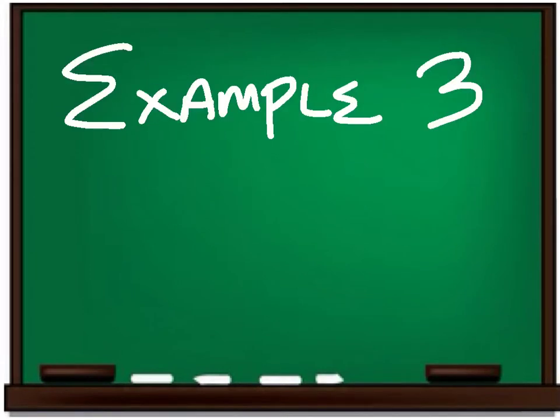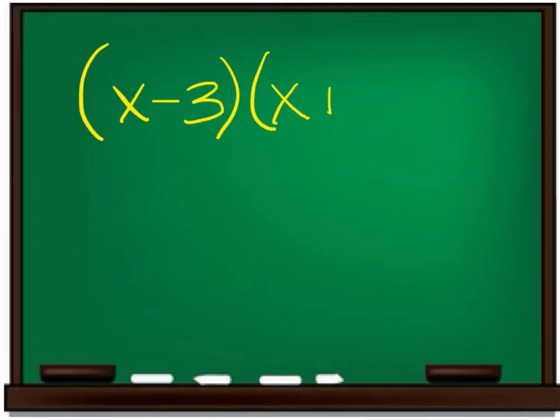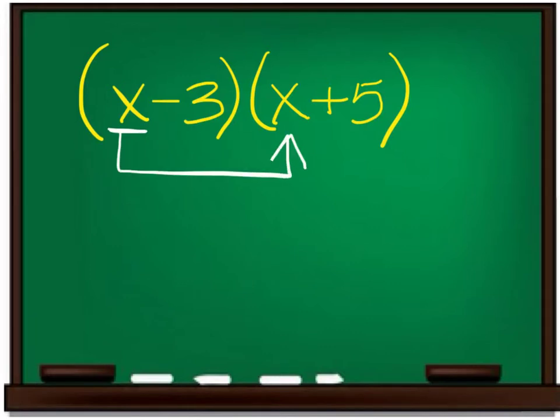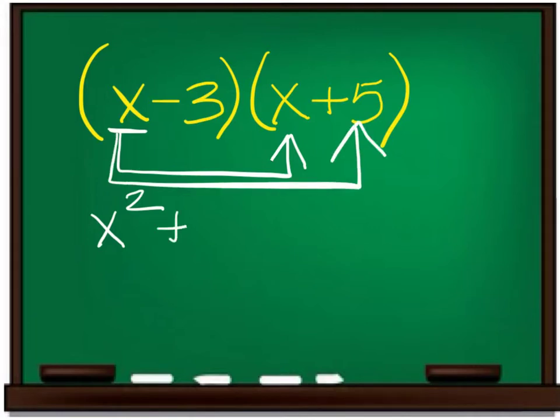Example number 3. In this case, you multiply two binomial expressions together. Each one has two terms. You start with the first one in the first quantity. X times x is x squared. X times 5 is 5x. You're finished with that first x.